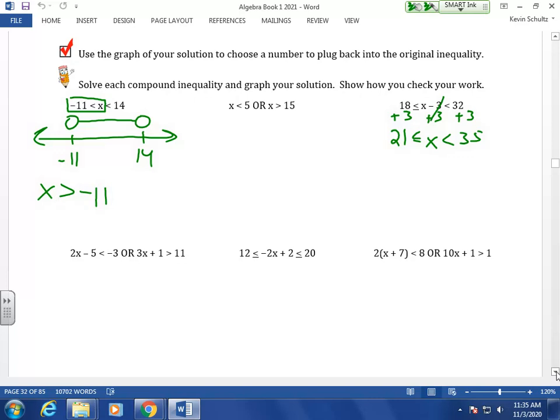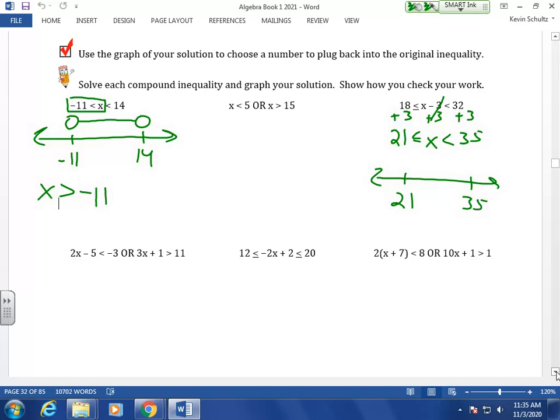Okay? So think about an and statement as kind of having 3 parts to it. It's got the middle part where the variable is, and then the endpoint on either side. Using opposite operations to get the variable by itself, you still need to add 3 or whatever the operation is to both sides, both parts. So the graph of this, we have 21 and 35. What type of circle above 21?